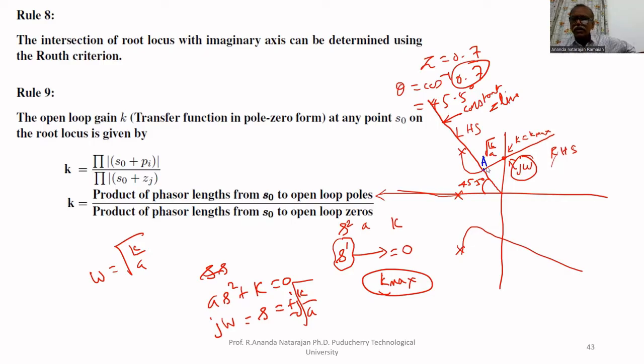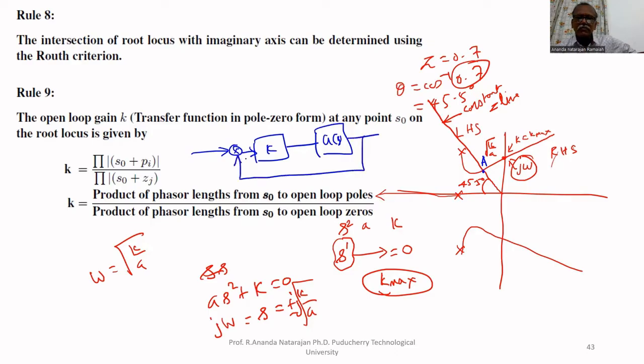At this point, what is the value of K? If you substitute that value of K as the controller gain, then the system will exhibit a damping factor of 0.7. How to find K at A?